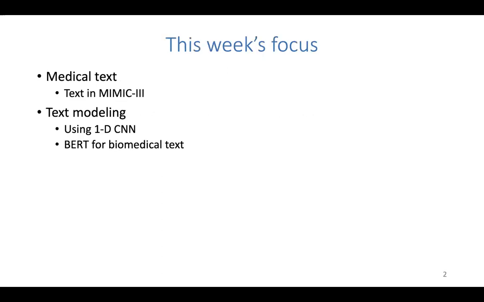So today's focus is medical text. There is a lot of medical text, but we'll be looking at text in MIMIC-III in more detail. Then we'll look at two representative examples in modeling clinical text. The first is the one-dimensional CNN. Obviously you can use recurrent neural networks to encode medical text and then do some classification, but the first example of using neural networks for automatic coding was based on a one-dimensional convolutional neural network.